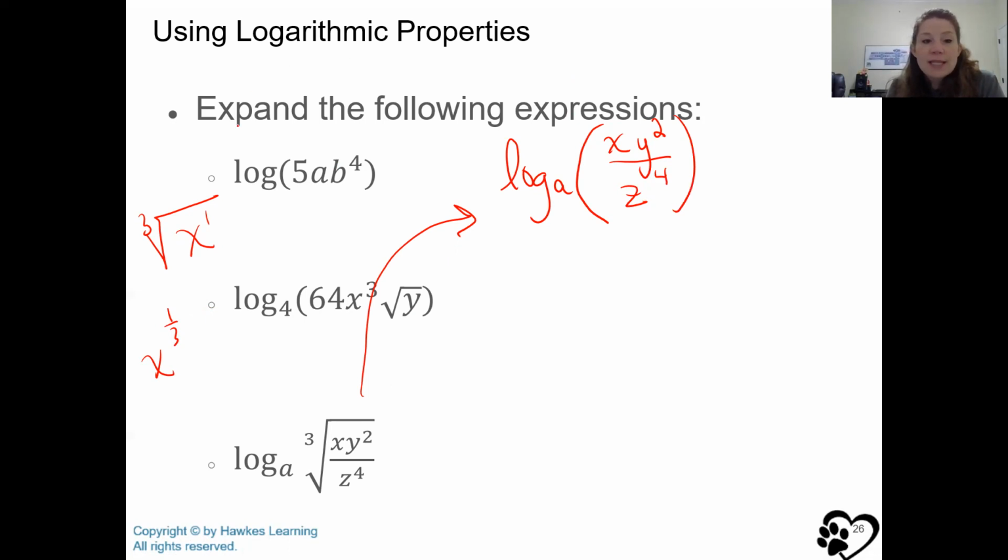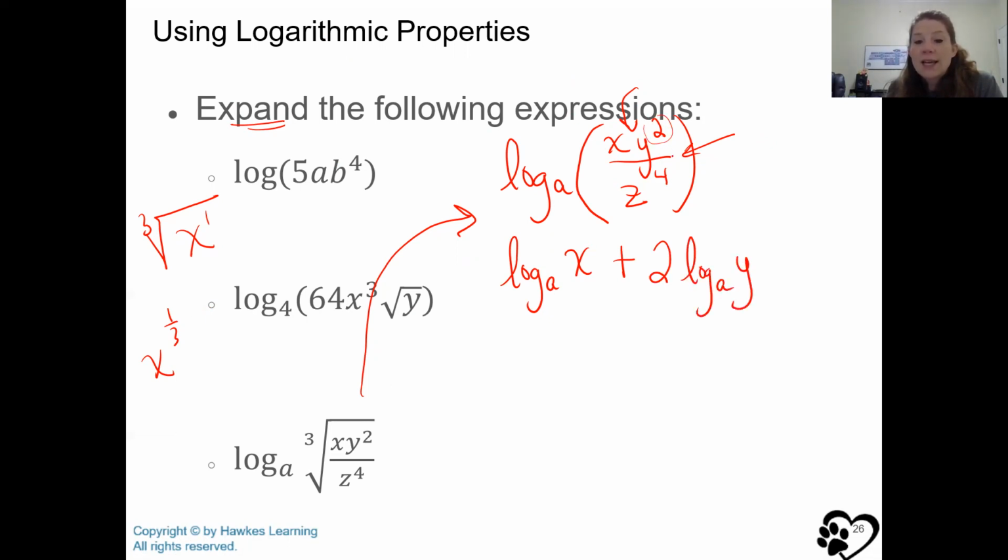All right, now to expand it, remember, when we see multiplication, we're going to write addition. When we see division, we're going to write subtraction, right? So let's expand it. So we have log base a of x plus, here's an exponent, we're going to bring it in the front, 2 times log base a of y, and I see division, so I'm going to write minus, an exponent would come to the front, so we're going to write minus 4 log base a of z.